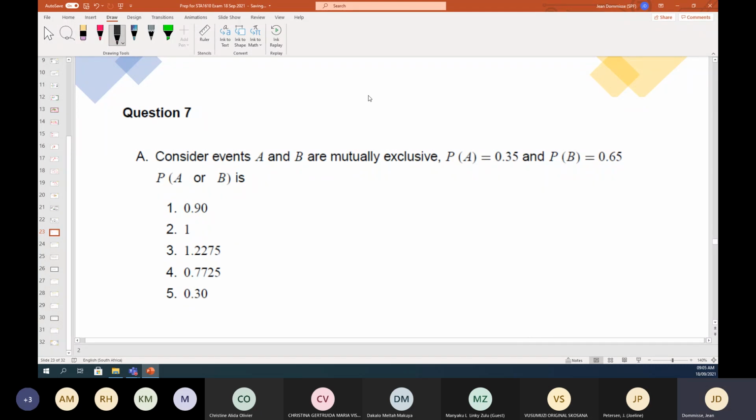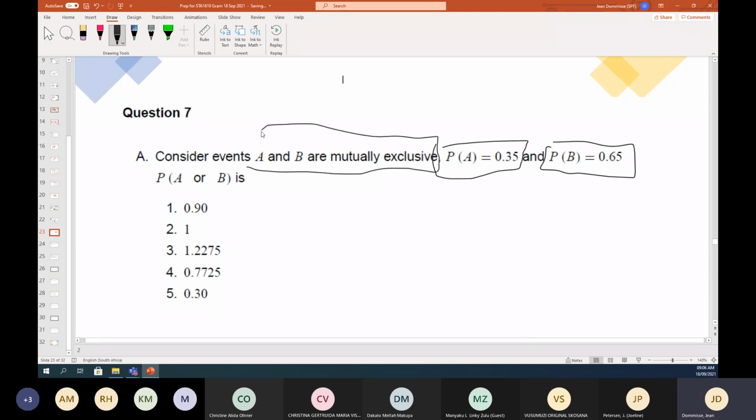So here they only tell you, okay, probability of A is that, probability of B is that. Consider events A and B as mutually exclusive. Okay, so what do we know if it's mutually exclusive? The probability of A and B is equal to 0.